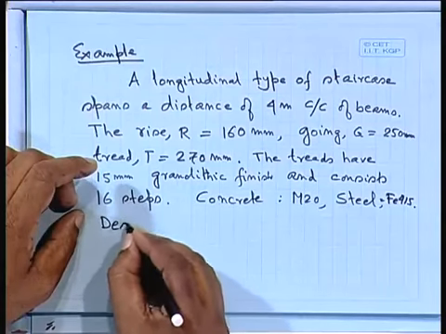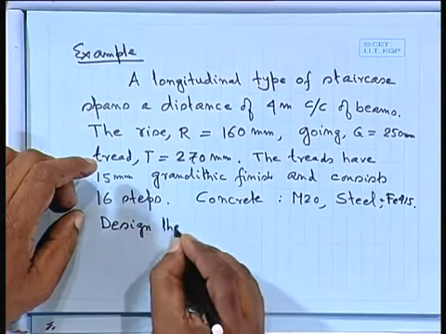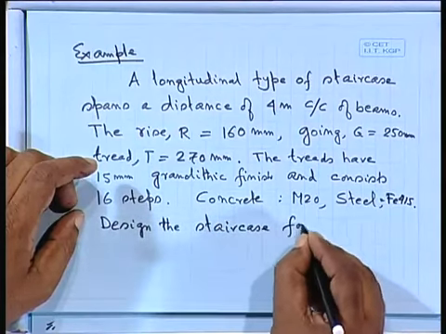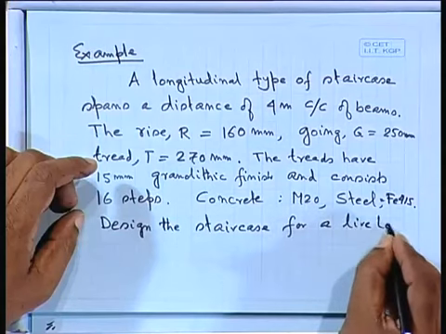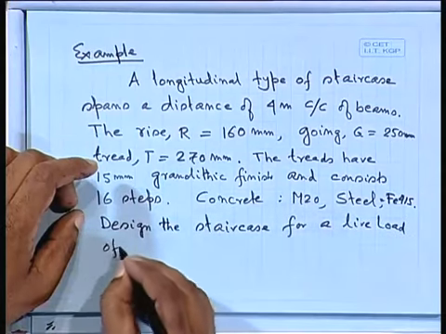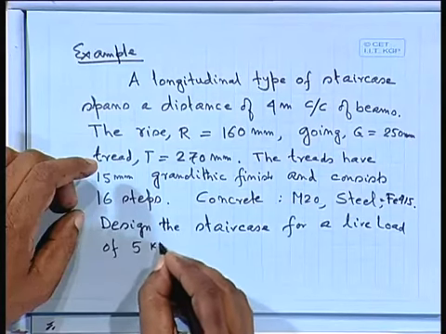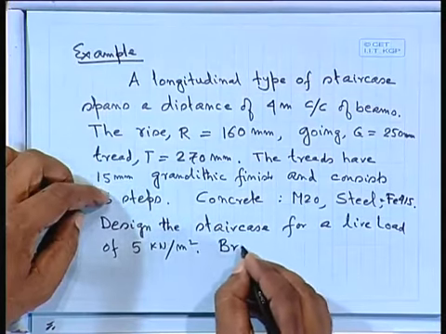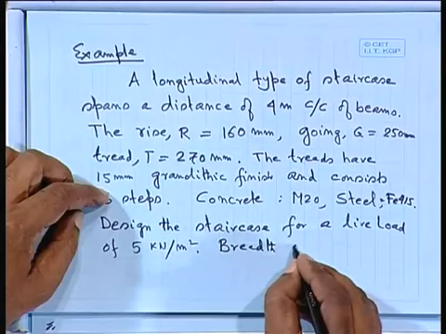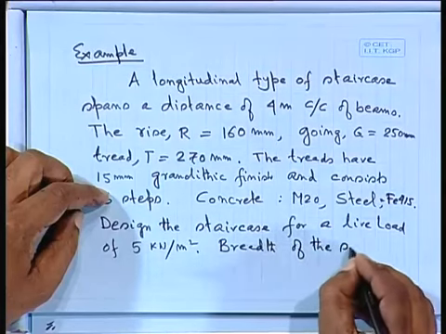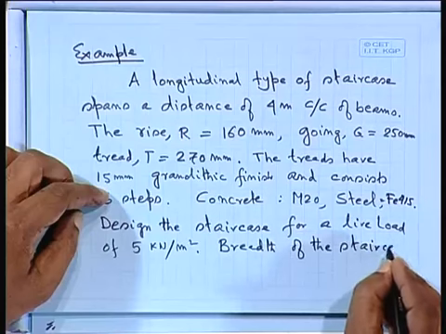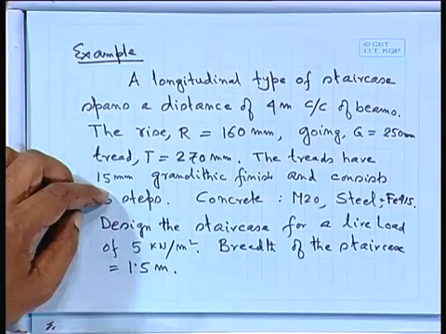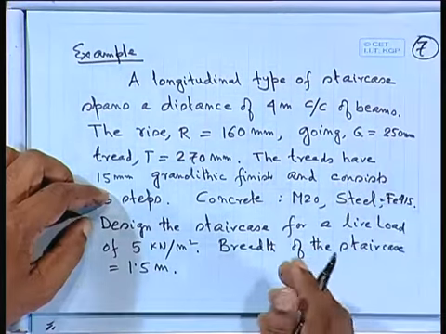Design the staircase for a live load of 5 kilonewton per square meter, and breadth of the staircase equal to 1.5 meter. So we have all the details.